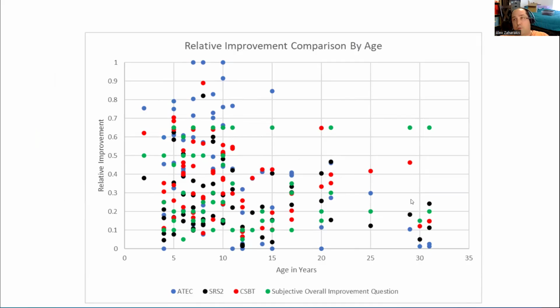If there are more things to improve at a younger age, well, you're going to see more improvement. If an individual has already reached the age of 30 and has already made progress in many of these things that a younger individual still has to work on, the information will naturally bias in that way, right? The responses will bias because there's less to improve upon, theoretically.